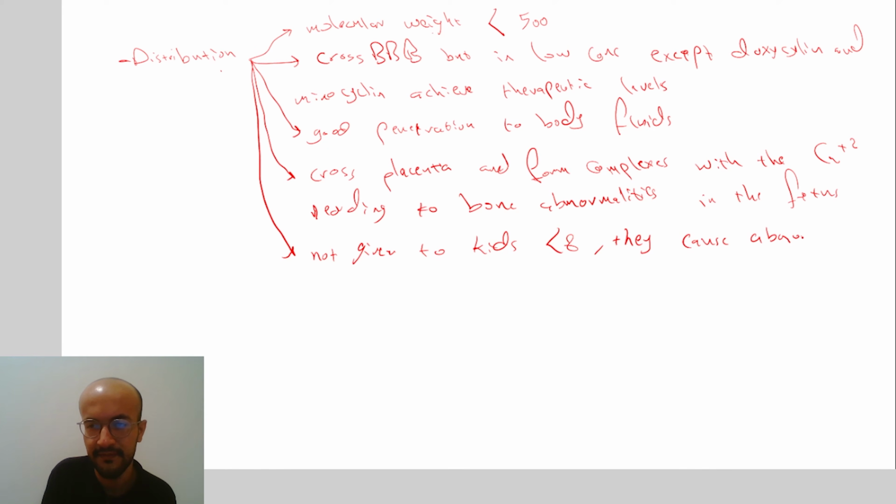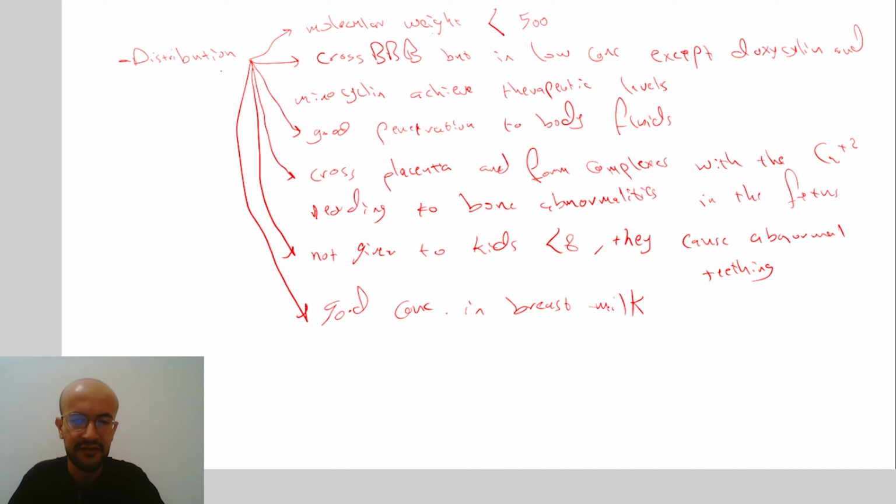They cross into the breast milk, so good concentration in breast milk, but they are contraindicated because of the same problem of making complexes with the calcium and causing abnormal teething in the growing child.